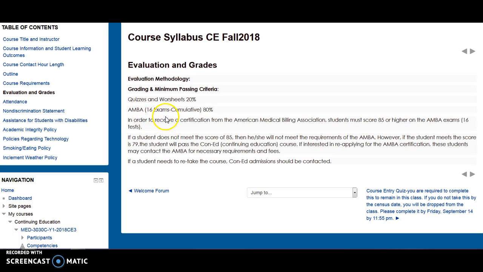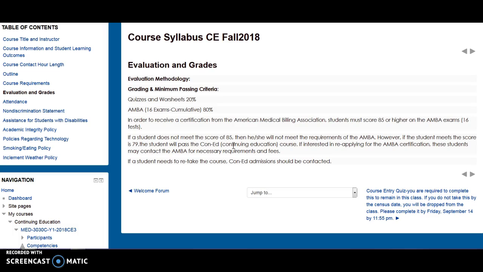The AMBA exams, the 16 exams, end up being 80% of your grade. Hopefully we'll be celebrating with you at the end of the class that you will have made great grades on these 16 exams. What you'll find is that you do have to have an average of an 85 or better on the AMBA exams to be awarded the credentials.